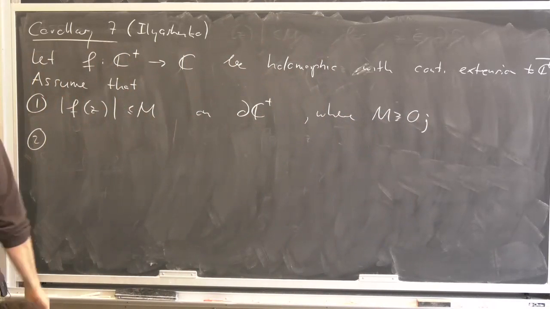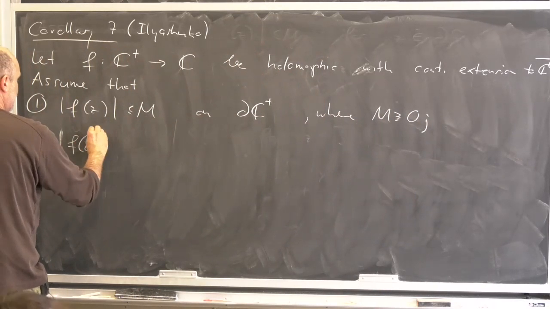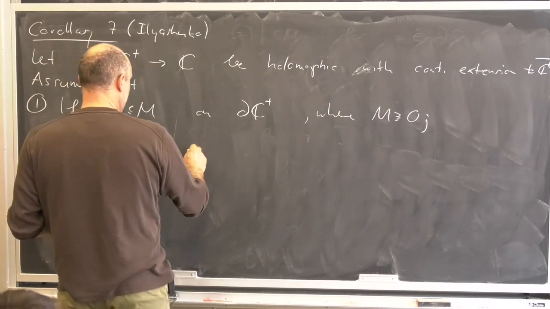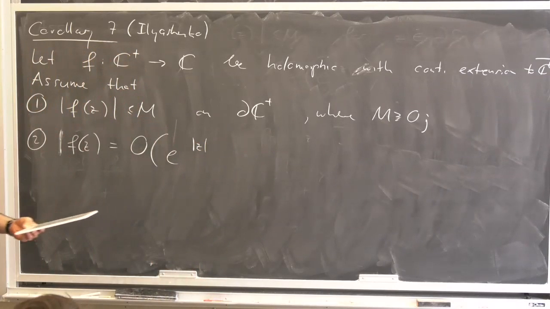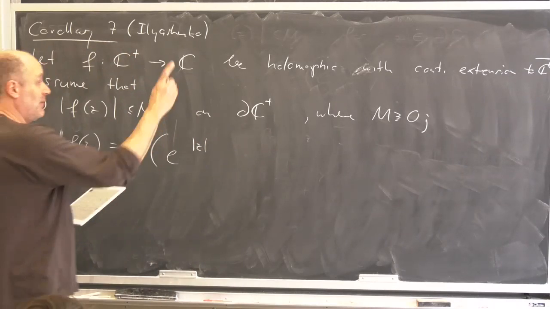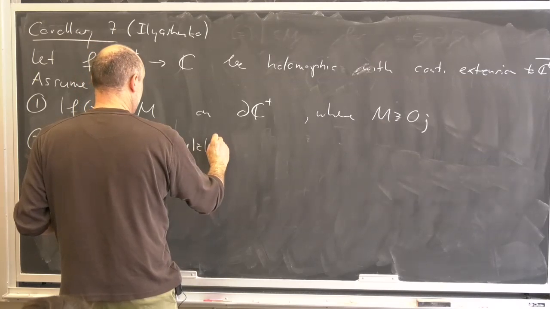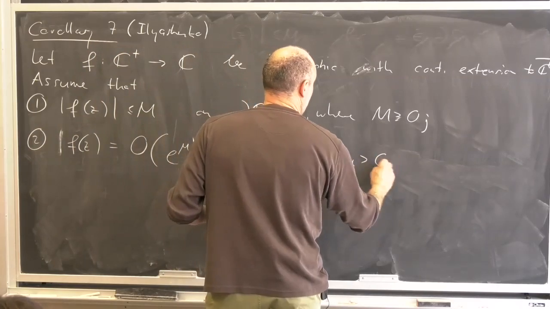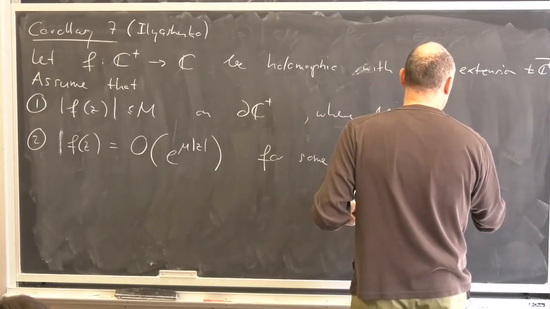And two, again, I have a growth condition. f of z is big O of e to the |z|, and now the order is 1. Before we had to have this order beta less than 1 in the classical Phragmén-Lindelöf principle. But now we are allowing order 1, as z goes to infinity.